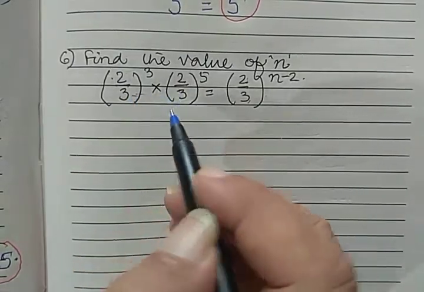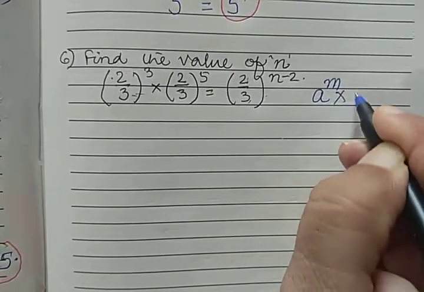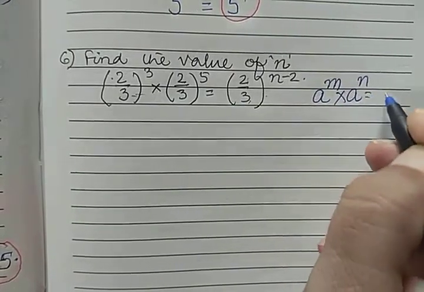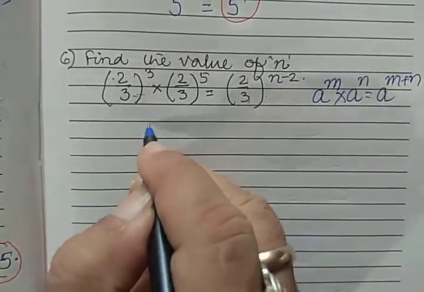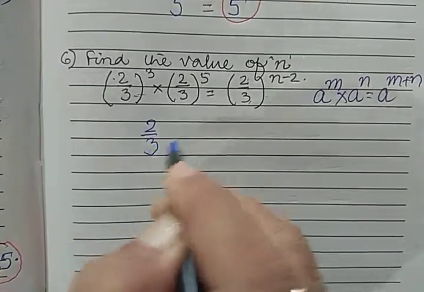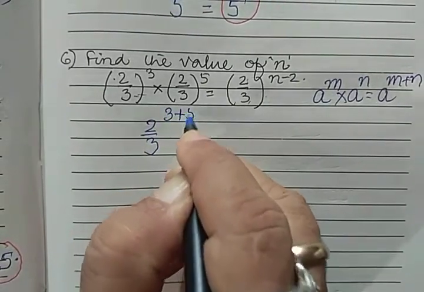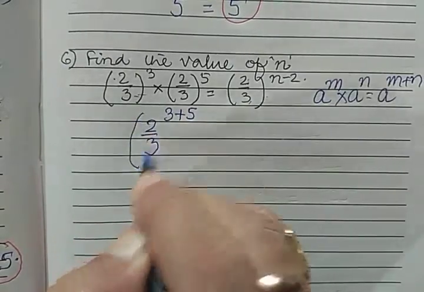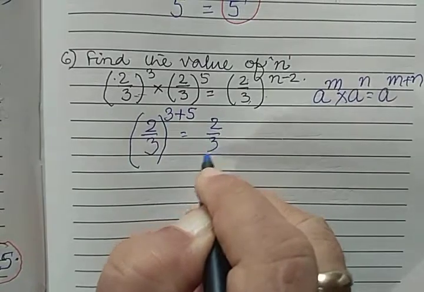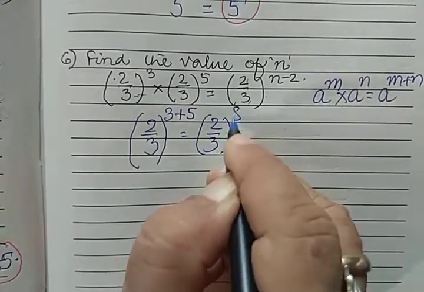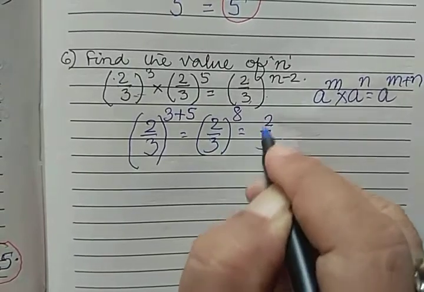These two are in the form of a to the power of m into a to the power of n, a to the power of m plus n. So 2 by 3 to the power of 3 plus 5. 3 plus 5 how much? 8. 2 by 3 whole to the power of 8 is equal to 2 by 3 whole to the power of n minus 2.